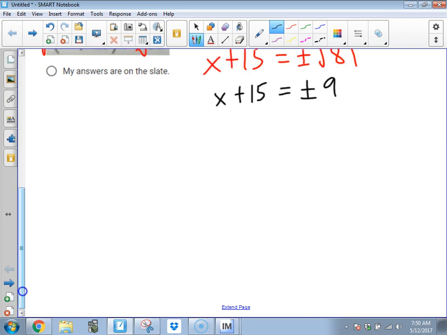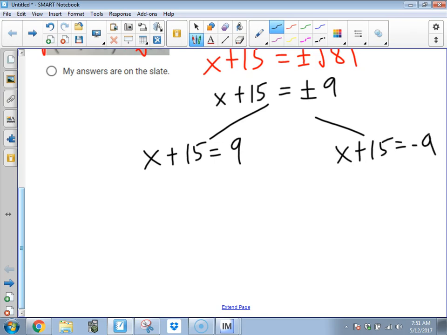But we do have two separate situations. One where you have x plus 15 equals positive 9. X plus 15 equals negative 9. And then you solve it. Solve it much like you've done a lot of the problems before. The opposite of adding 15, subtracting 15.